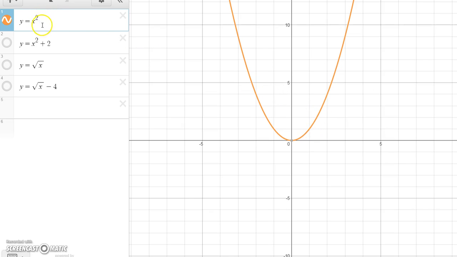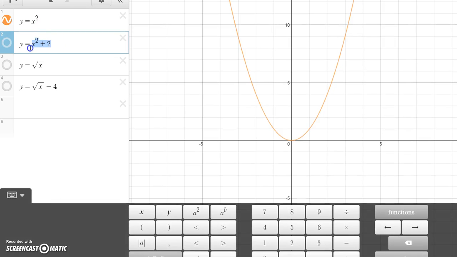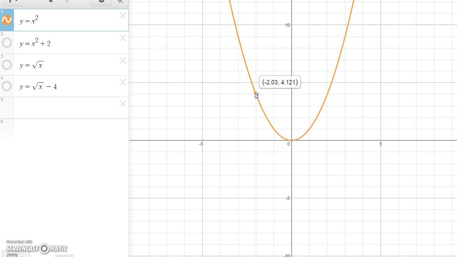Well, all you're going to do when you graph x squared plus 2 is take this point, -2, 4, and shift it up 2 units. You'll take each of these points and shift them up 2 units. And then if you were to draw the graph through that, it's going to look like that.